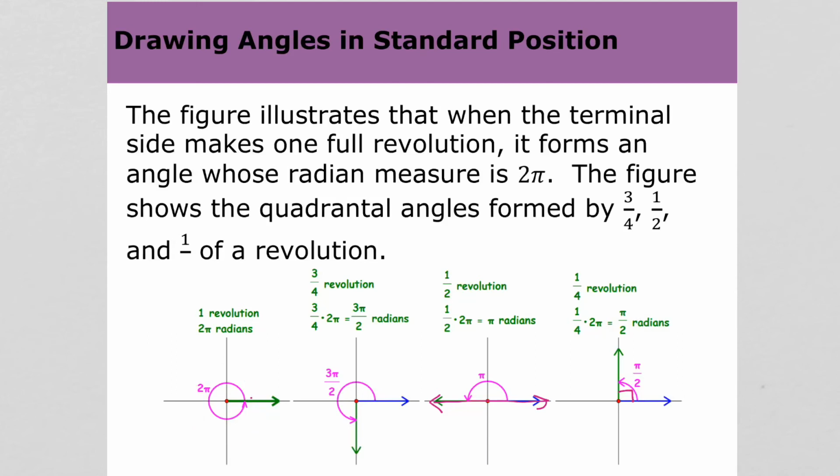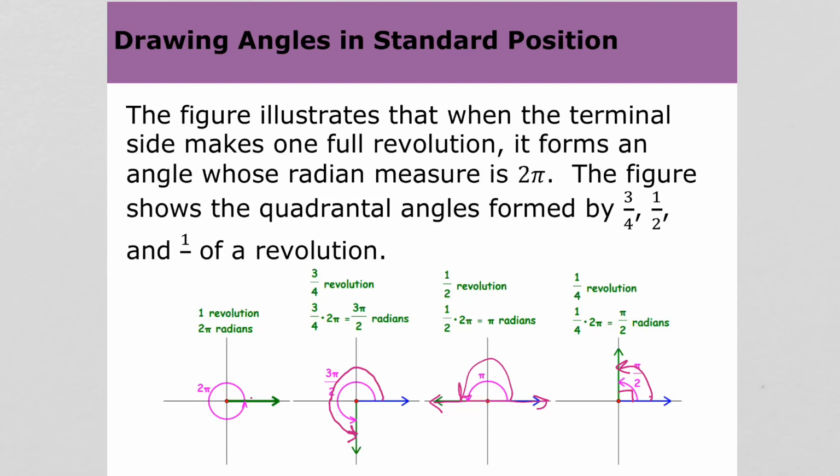Talking about revolutions, all the way around is 1 revolution because you've revolved, I guess, around the whole circle. If you go halfway, that's half a revolution. Or if you go 90 degrees or pi over 2, that's 1/4 of a revolution. And then let's look at this second picture. What if we go all the way past pi, another pi over 2?